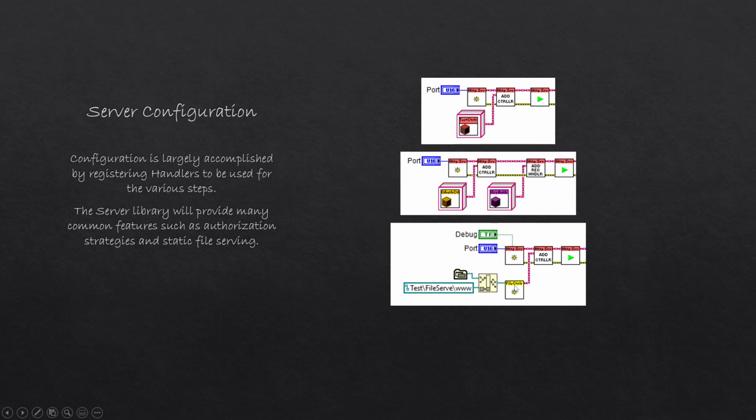For instance, with the standard file serve controller, you can tell it what the root folder is that contains your resources. And then any requests would be made relative to this starting path. And then, in the future, there will be utilities built in for authorization and security.